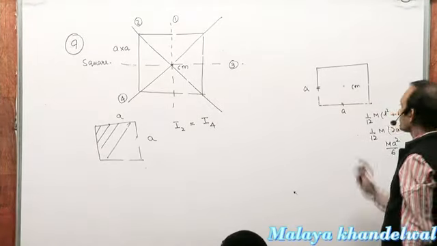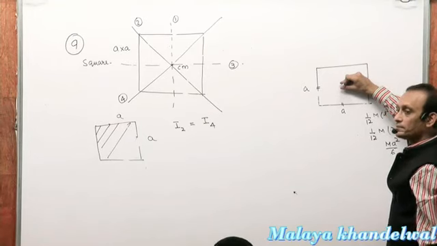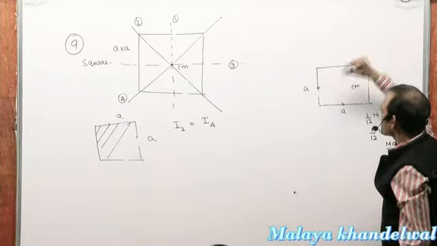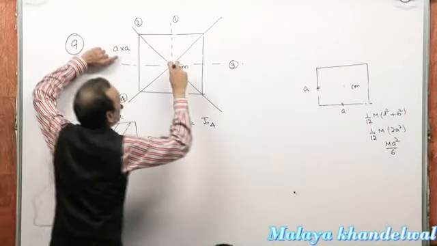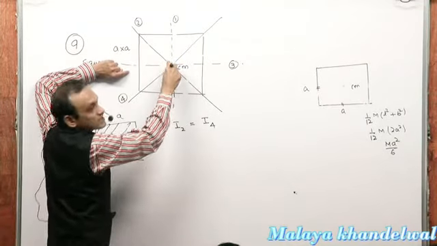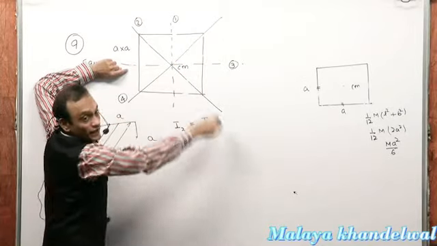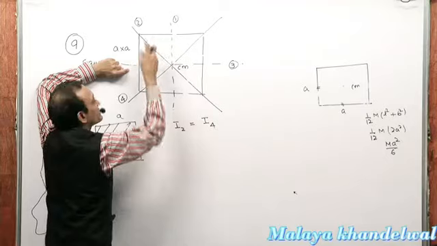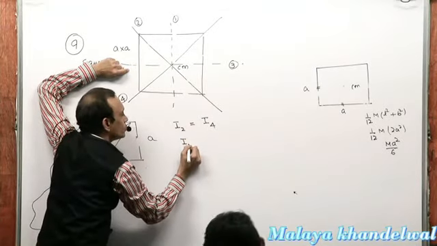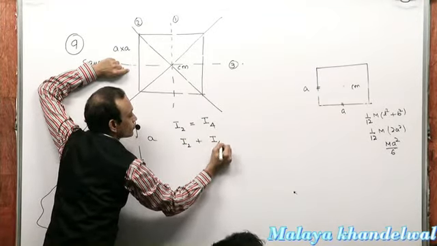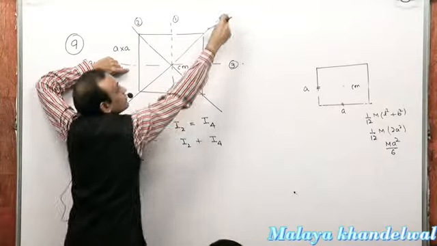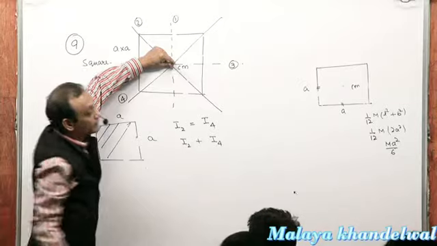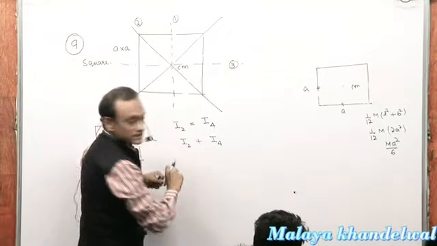These two diagonals are perpendicular to each other in a square, so from the perpendicular axis theorem, I2 plus I4 is I about this perpendicular axis, which is mA squared by 6.